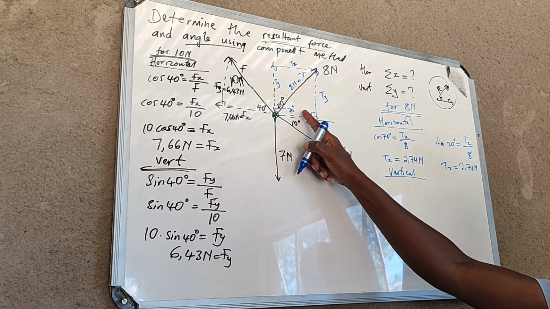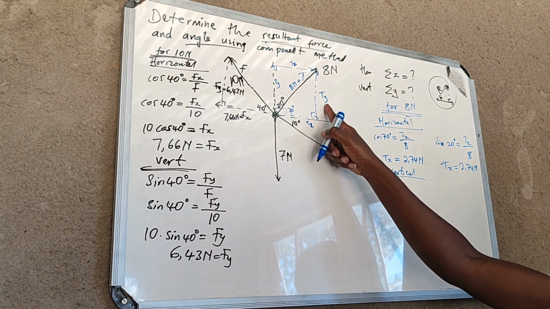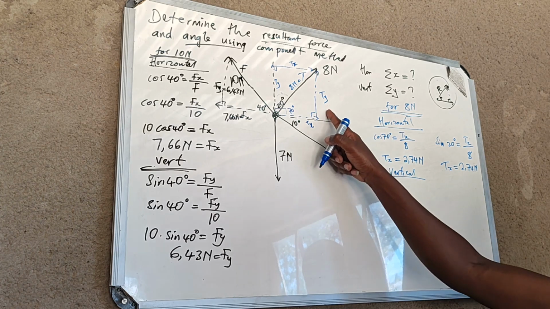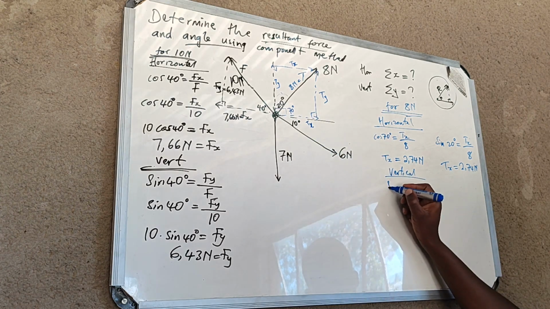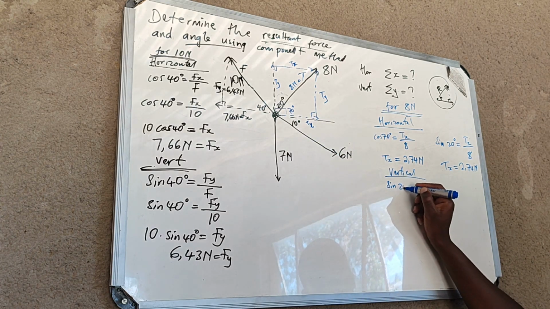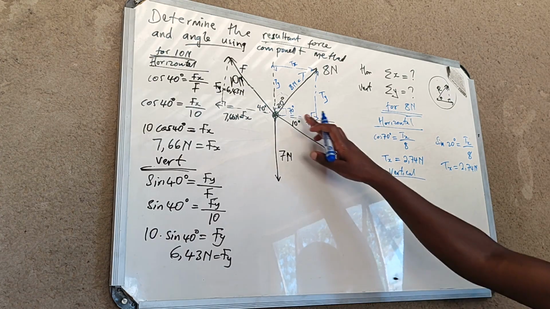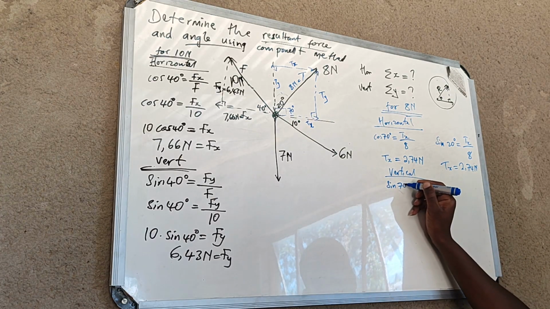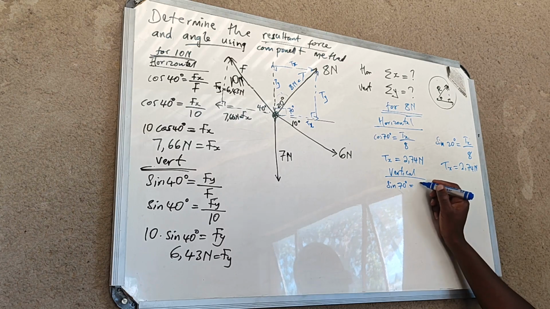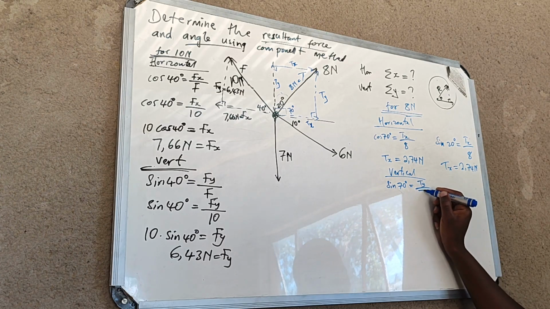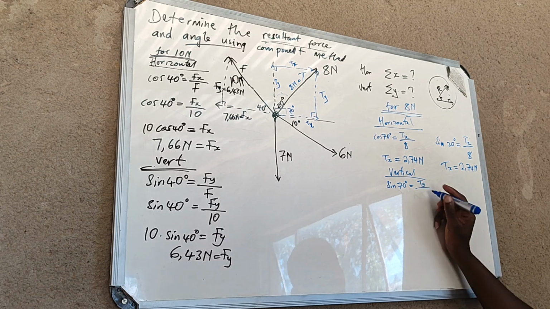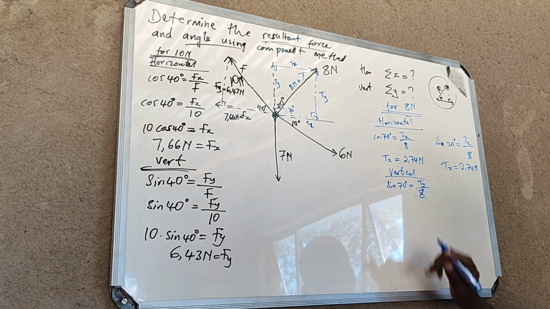If you are using 70, of course we want the y. That will be ty, opposite over hypotenuse. That will be sine again. Sine of 70 degrees equals ty over t. What is our t? It is 8 newtons.